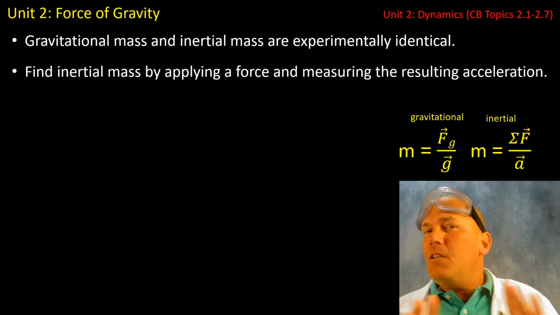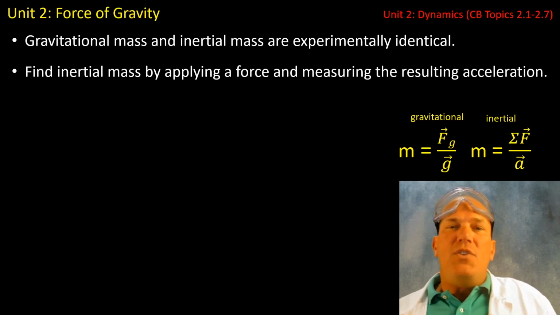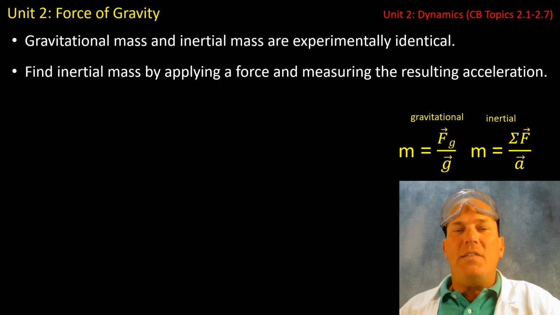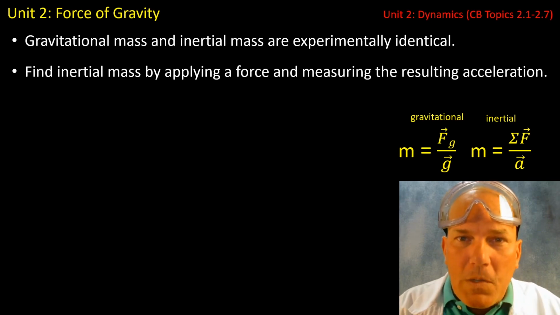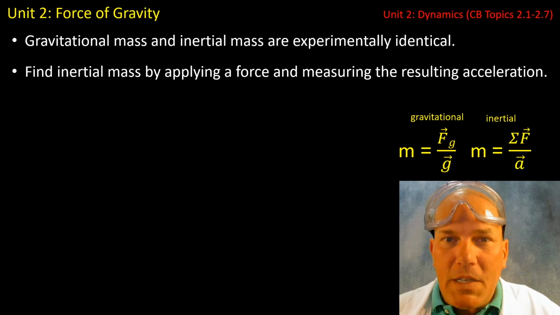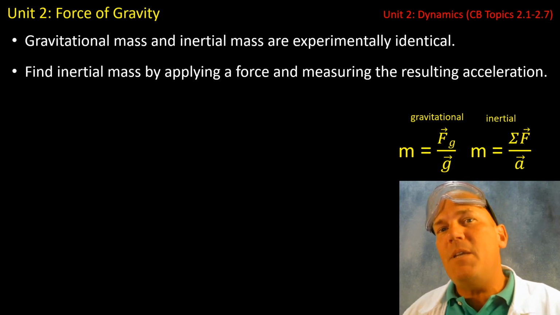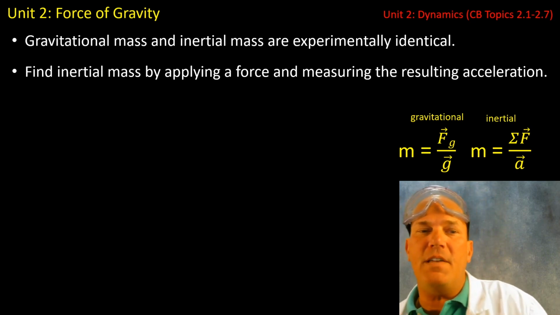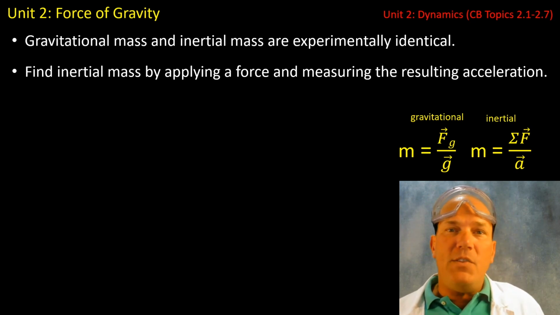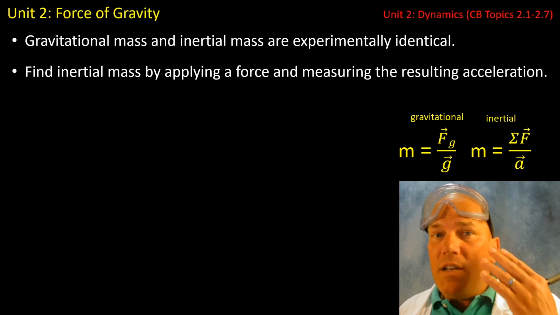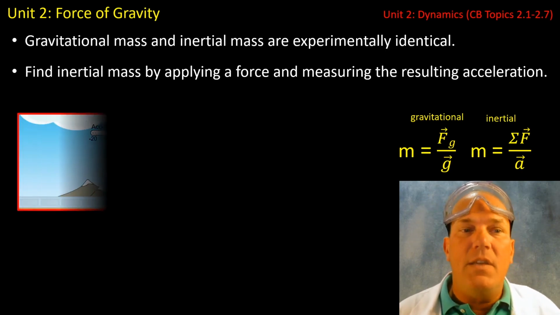And what I want to look at is you can find the inertial mass by applying a force and measuring the resulting acceleration. And you may recall that I used a PhET simulation to do this in a previous video. That's one way that you could experimentally calculate and determine inertial mass.